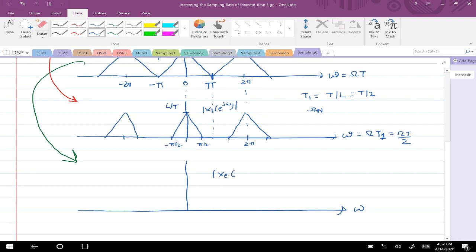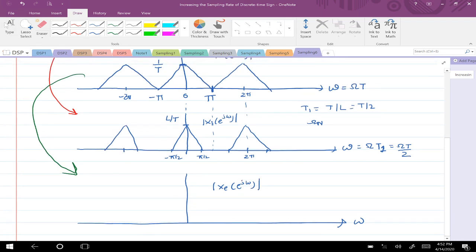If I scale this axis by that, assume that the function which has it is some other intermediate function Xe of e power j omega. What would be that function? You could already make a guess here. The time period is changing, so somehow if you could stretch whichever is there, for example the values at 0, 1, 2, if they can go to 0, 2, 4, that means the distance between the samples earlier is 1.